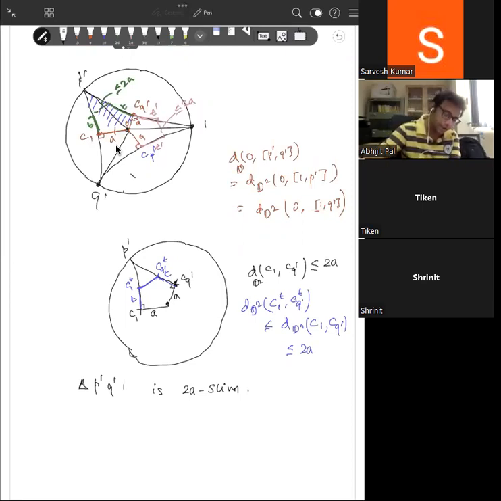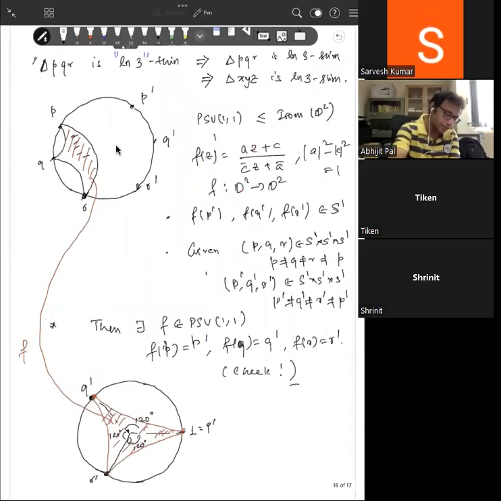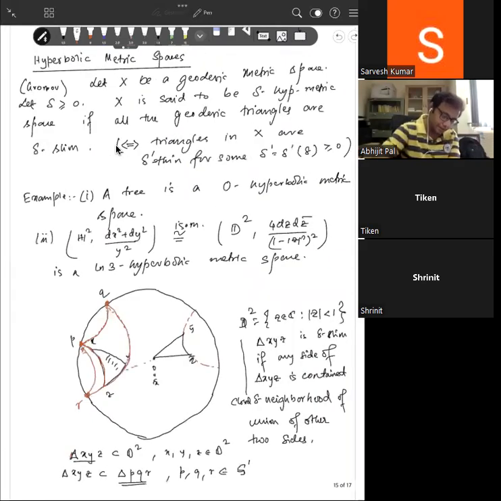Okay, so what I have proved is that this ideal triangle is 2A slim, and this triangle is isometric to this PQR triangle. So the PQR triangle will also be 2A slim. And this triangle XYZ is embedded in PQR, so it will also be 2A slim.